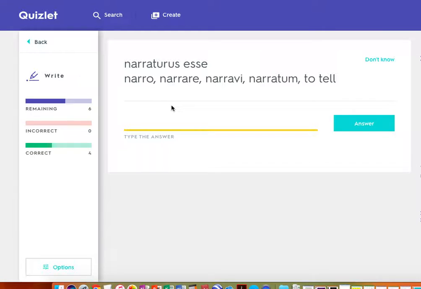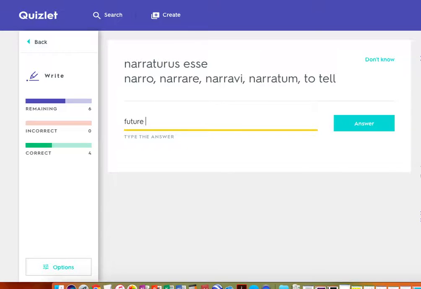Narraturus esse is two separate words. That means that I'm looking at either the perfect passive or the future active. It's built on the fourth principal part. If the first word is spelled exactly the same as the fourth principal part, with the exception of the ending, like it could be US or UM or something like that, but everything else is spelled the same, then I have the perfect passive infinitive. But this UR reminds me of the word future.